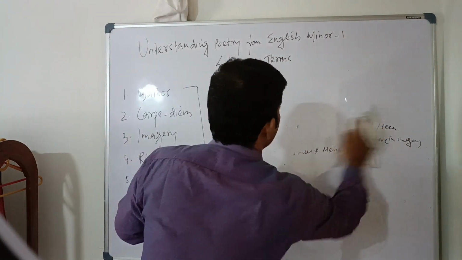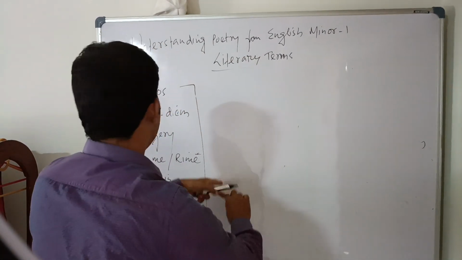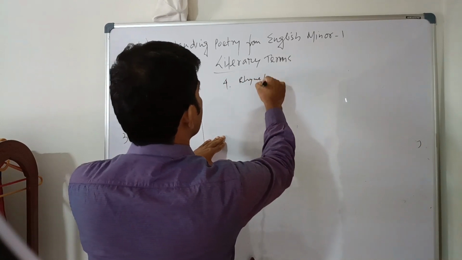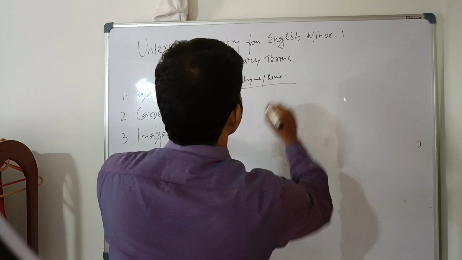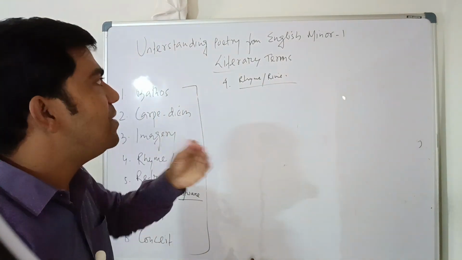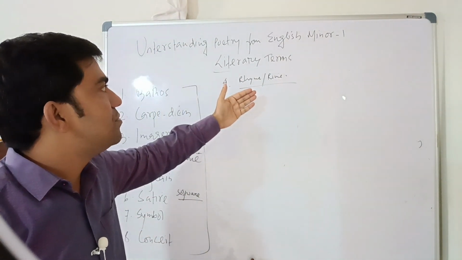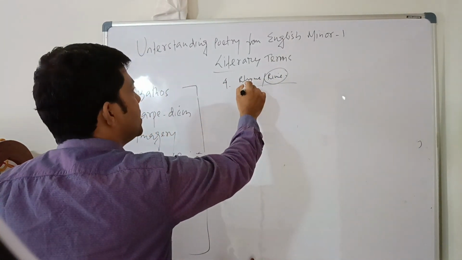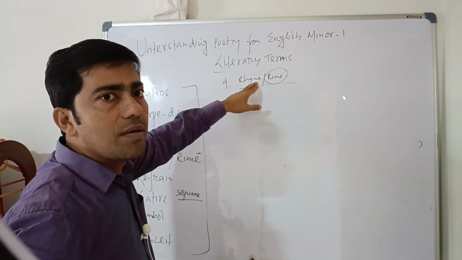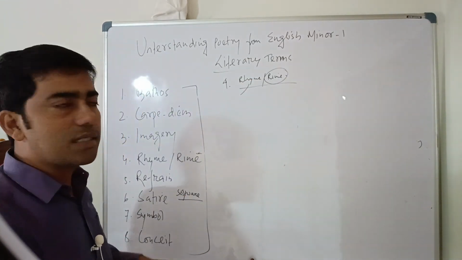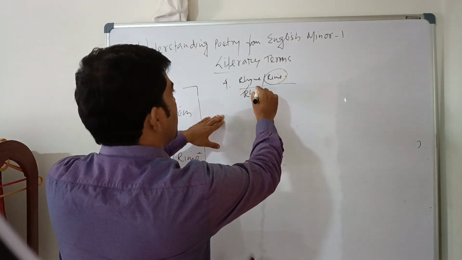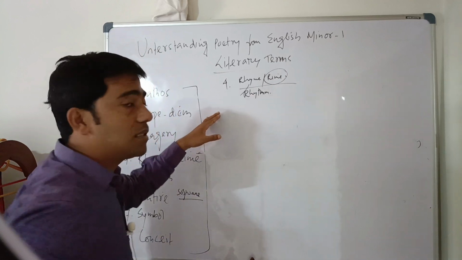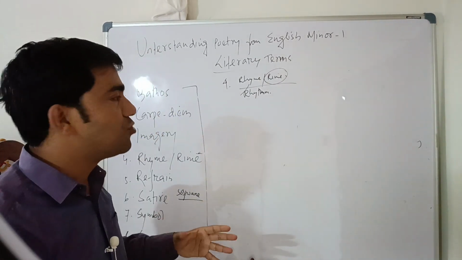Now we move to the fourth part, that is rhyme. Rhyme is actually spelled as rhyme, but it is distorted in this spelling because of its supposed connection with the word rhythm. But rhythm and rhyme should not be confused.